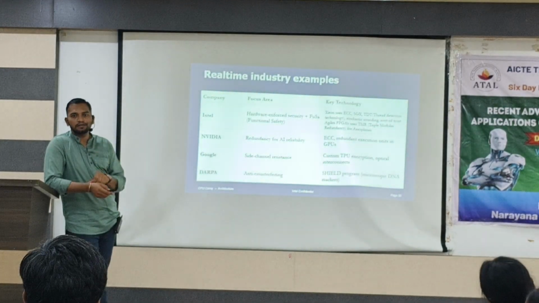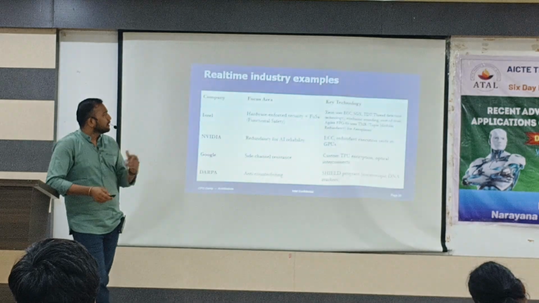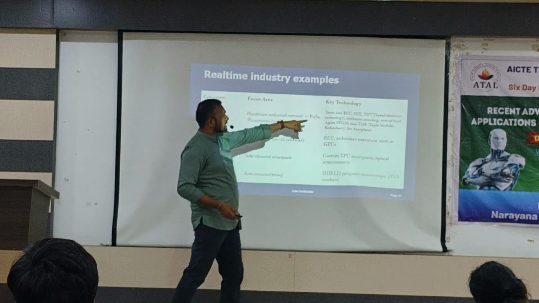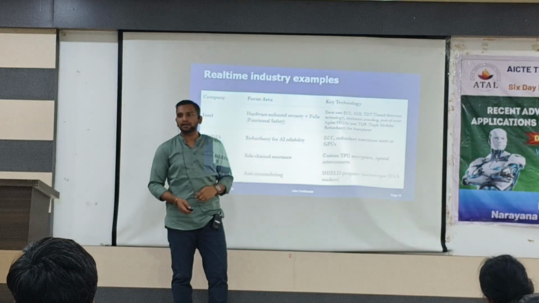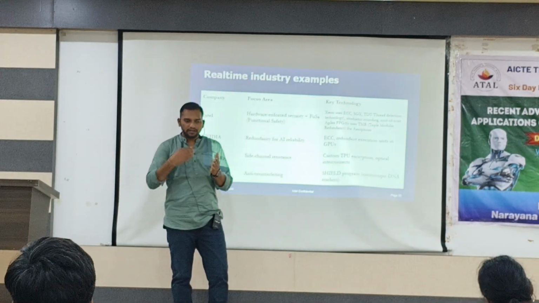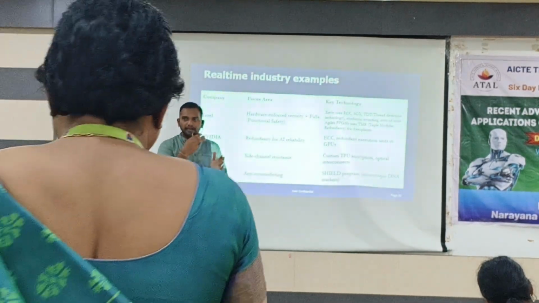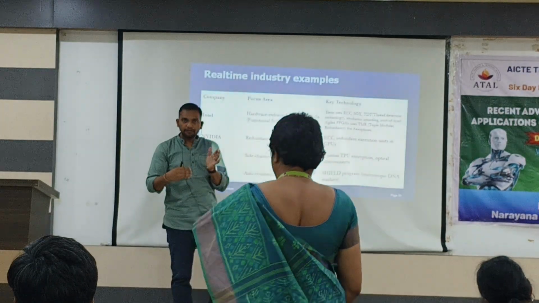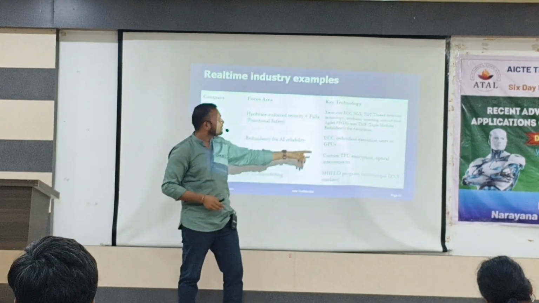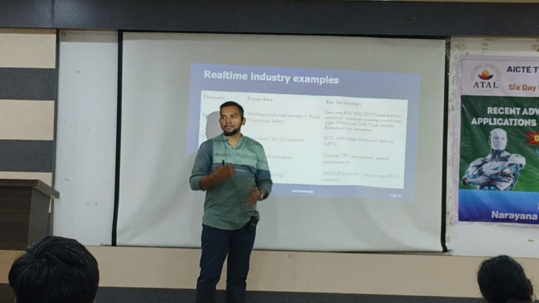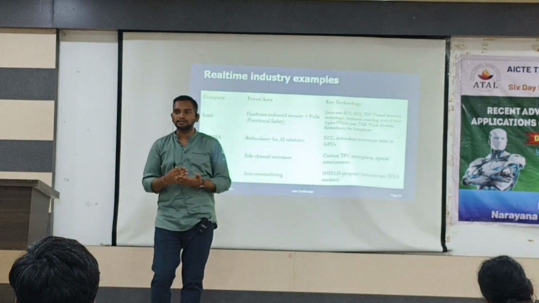FUSA, they call it, is functional safety. They are using error correcting codes. You might have heard about error correcting codes. They check whether the data we send is properly received or not. And SGX, Software Guard Extensions.